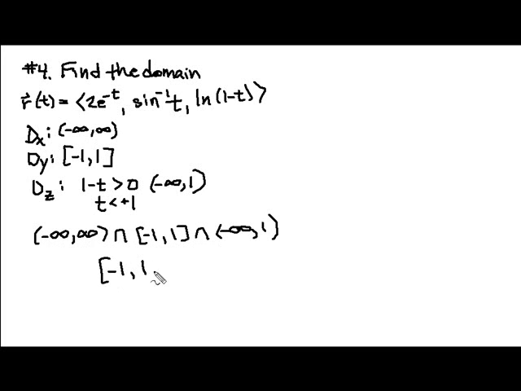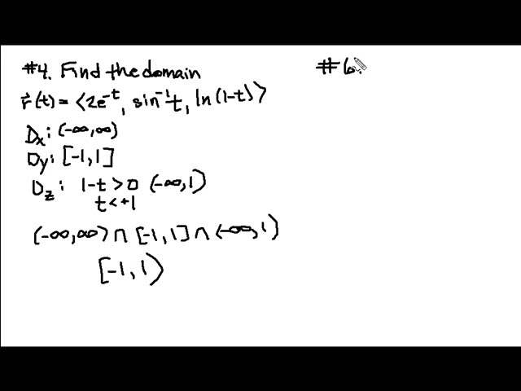Negative 1 is in all three sets, so that's a square bracket. 1 is not, so that's a round bracket. So this is the solution to the domain of the given vector-valued function, the interval from negative 1 to 1. Now let's look at number 6.